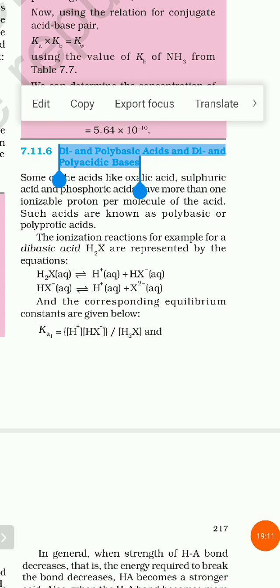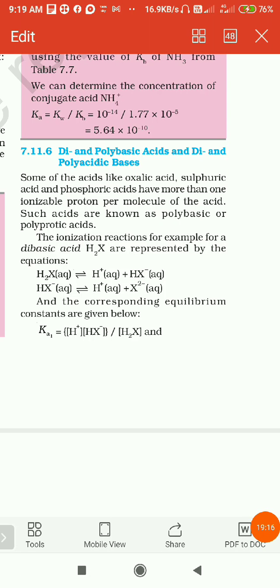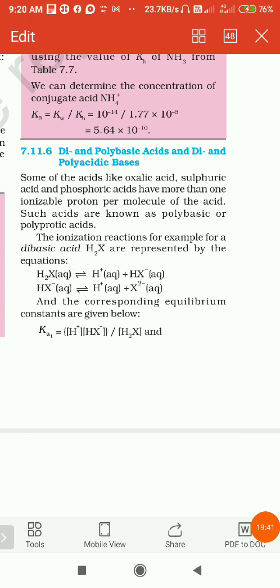Di and polybasic acids, what is the meaning of that? Not a question, just look at this sentence: di and polybasic acids, di and polyacidic bases.